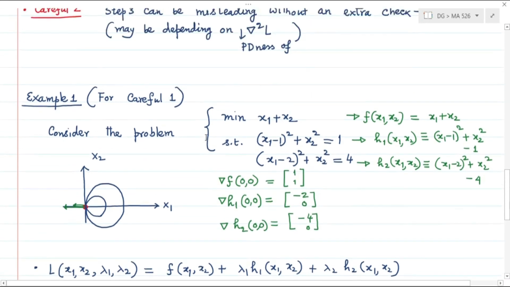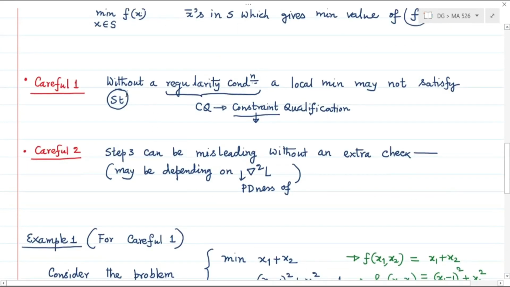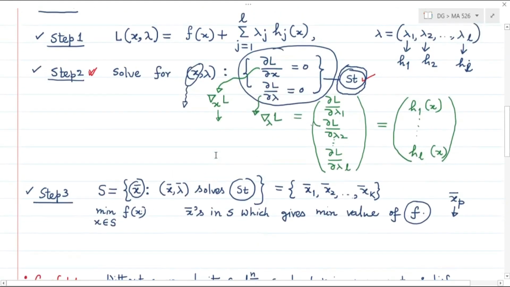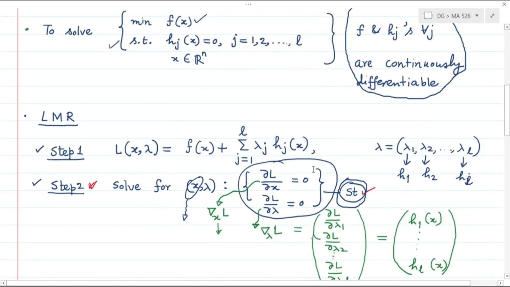We need to be careful at the first point that without a regularity condition, a local minimum may not satisfy the stationarity condition. Now, repeatedly I am saying stationarity condition, and some of you might be confused. By stationarity condition we mean, this word stationarity is coming from the stationary point.